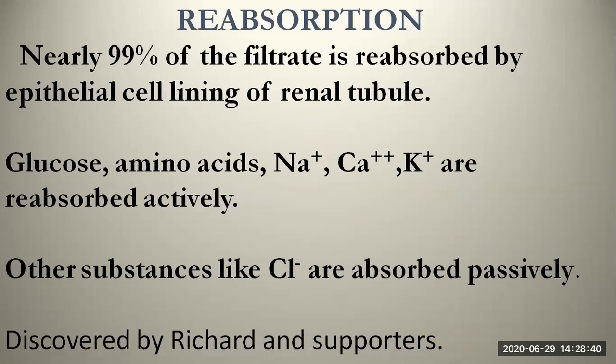These parts are responsible for the absorption of different substances and the secretion of different substances. The third portion, tubular secretion, I will discuss in the next video lecture. Here I will only discuss tubular or selective reabsorption.